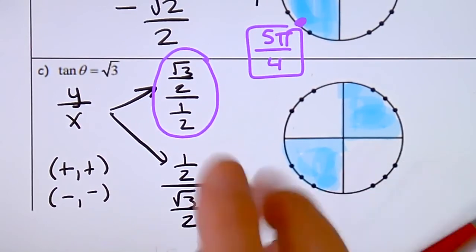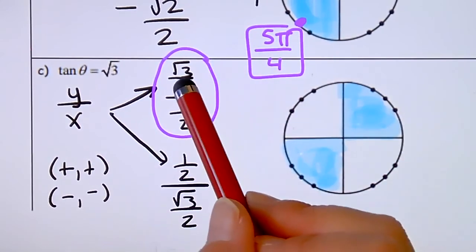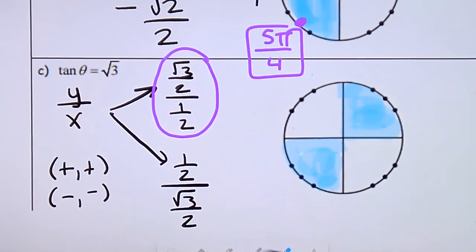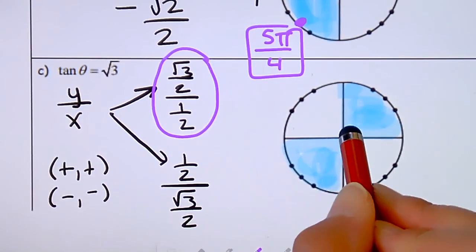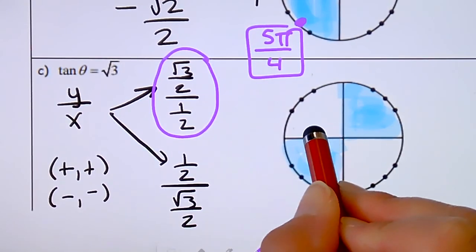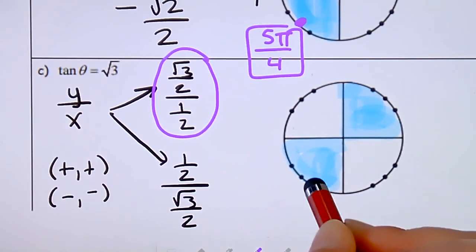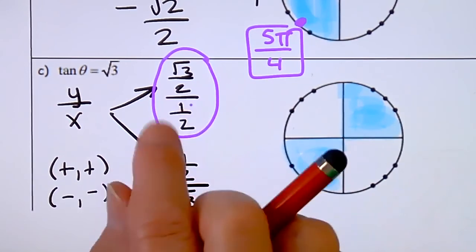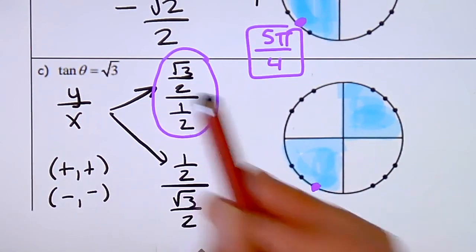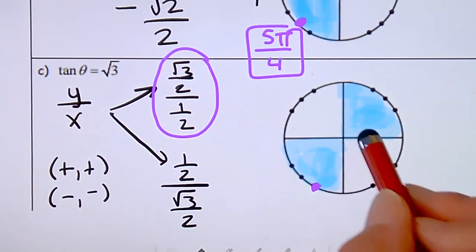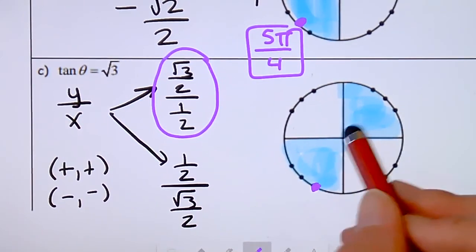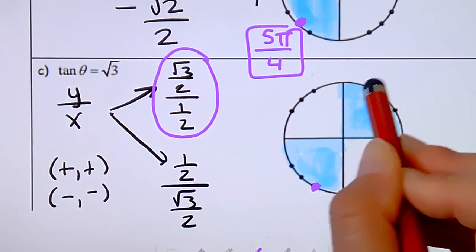And then again, I want my y to be my root 3 halves. So my y is root 3 halves, short comma, long. Where the y coordinates are root 3 halves, it's short comma, long.